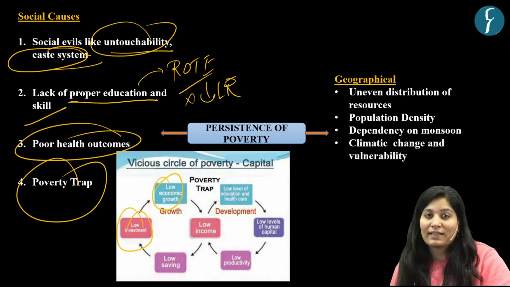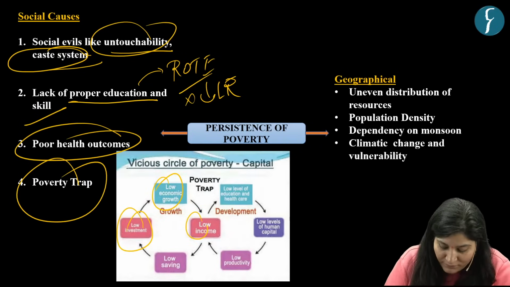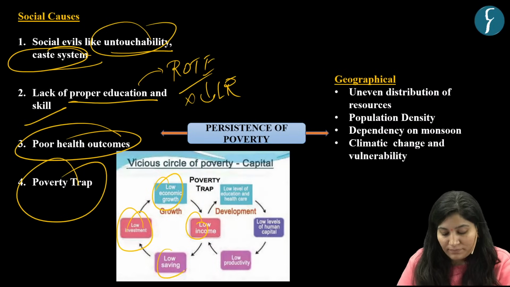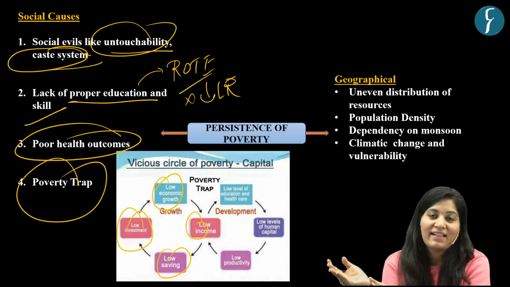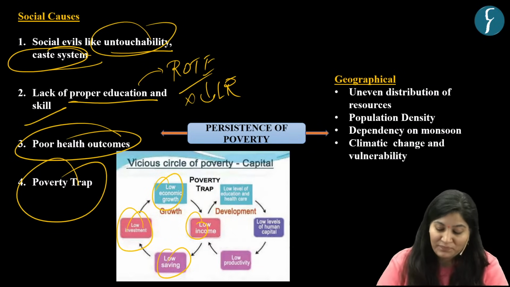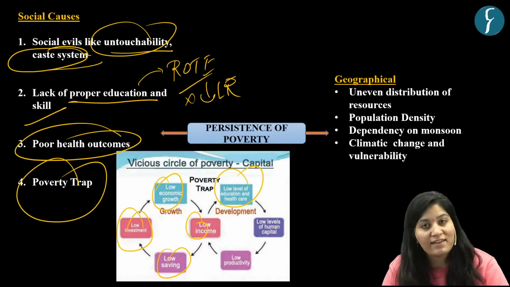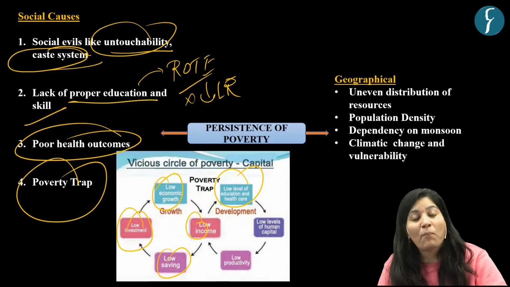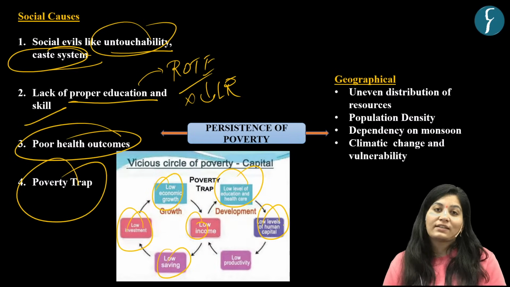Now, if there are fewer jobs, less profit, definitely it will reflect in low income. Low income means less saving. Less saving means less investment on health and education. So it will lead to a low level of education and healthcare. And it very well reflects in poor human capital. What is human capital?